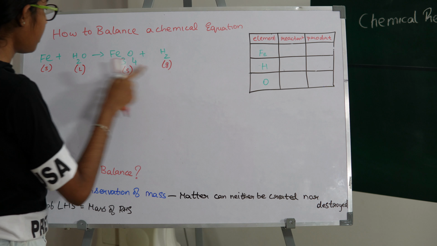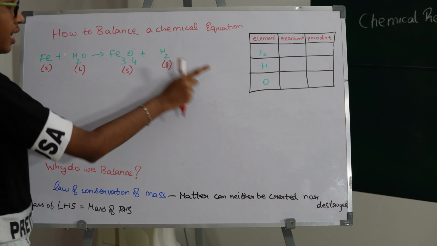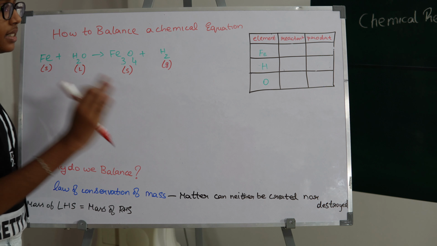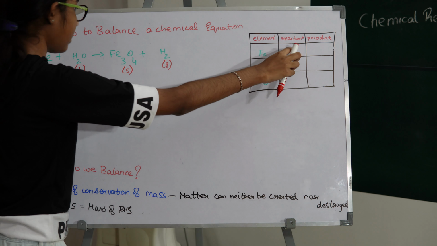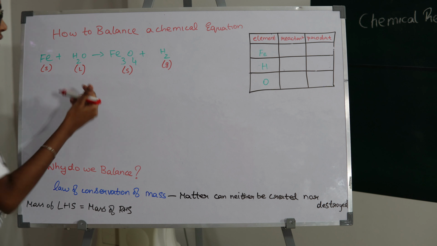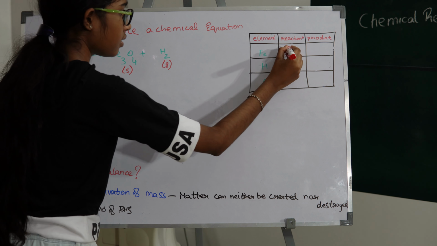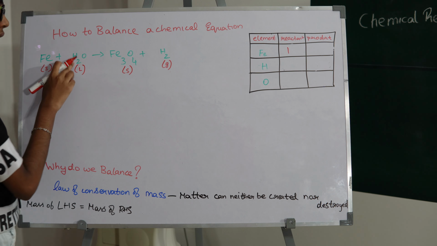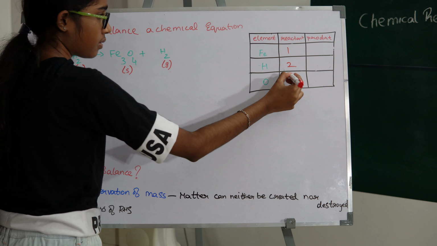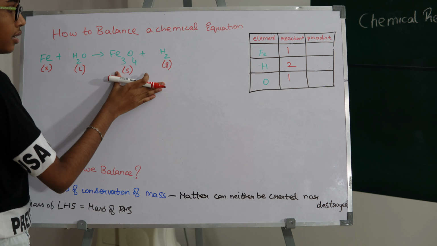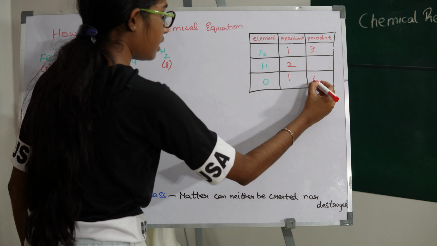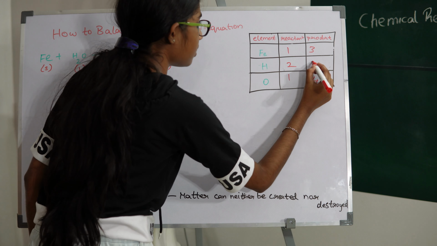First, the elements are Fe, which is iron, then hydrogen and oxygen. In this equation, there are three elements involved, and on the reactant side, first we have one Fe and two hydrogen and one oxygen. And at this side, we have three Fe, four oxygen and two hydrogen.